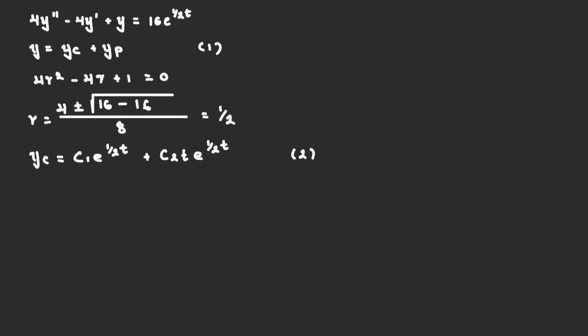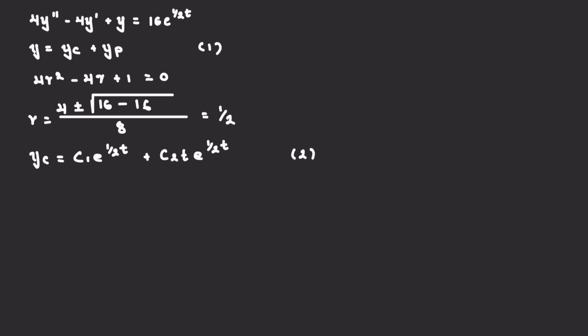And so now we're going to solve this for the non-homogeneous part, which is our yp. And before doing so, we're going to divide our first differential equation by 4, because we need what's in front of our second derivative to have a coefficient of 1.